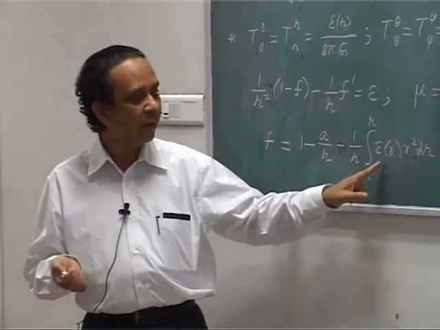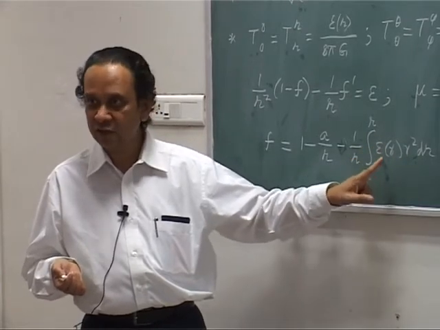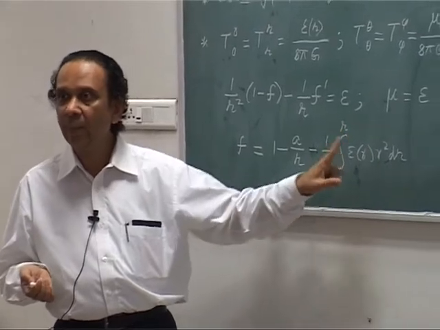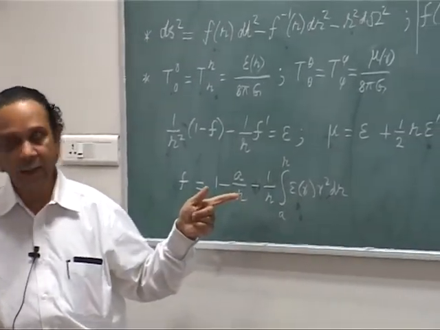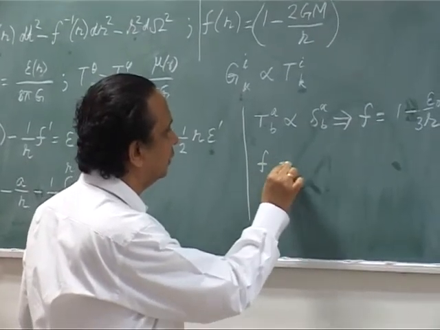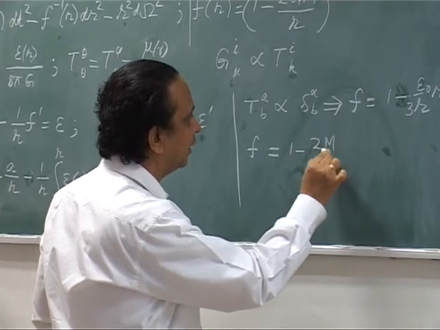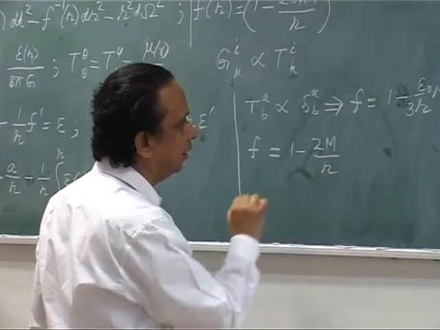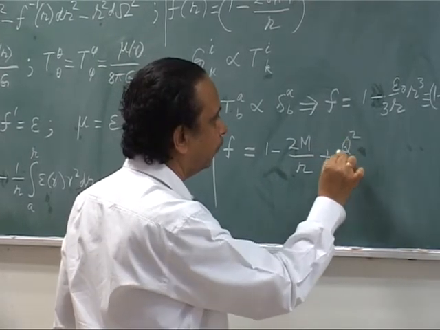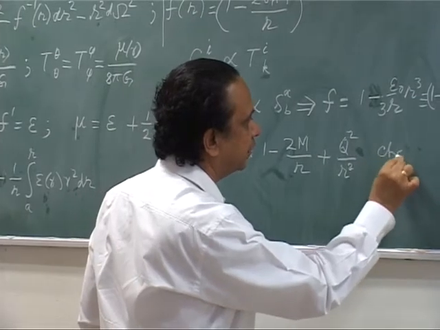If it is 1 upon r to the power 4 multiplied by r square, you get 1 upon r square. 1 upon r square, when you integrate, you will get a 1 upon r with a minus sign. So the metric for a charged particle will be f of r equal to 1 minus 2m by r plus q square by r square. This is the charged particle.